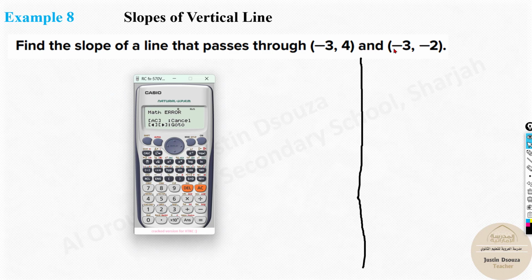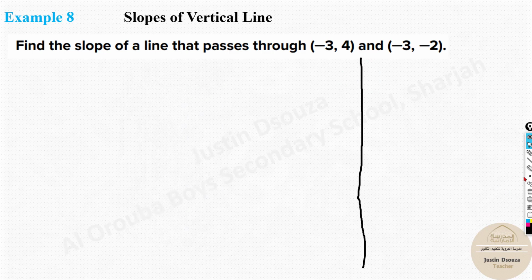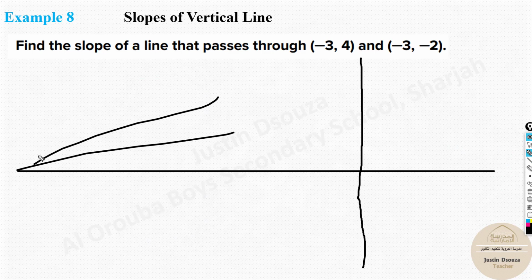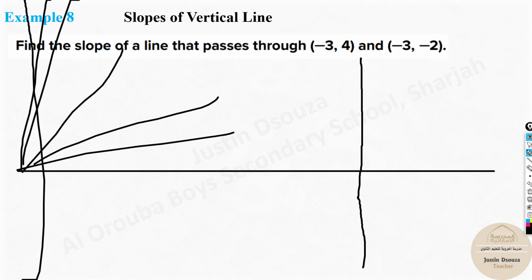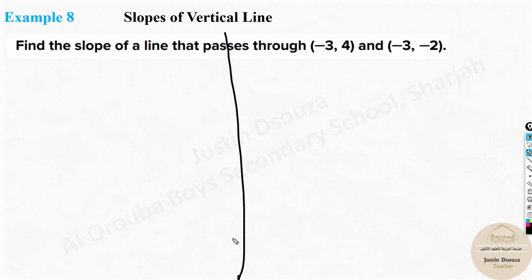It's undefined. Why? Because the slope is basically undefined. It's basically infinity over here. See, the slope starts flat at 0. It increases and increases until you go to a point where it's very, very high, and this is a line where the slope is undefined. Okay, so this is the vertical line.